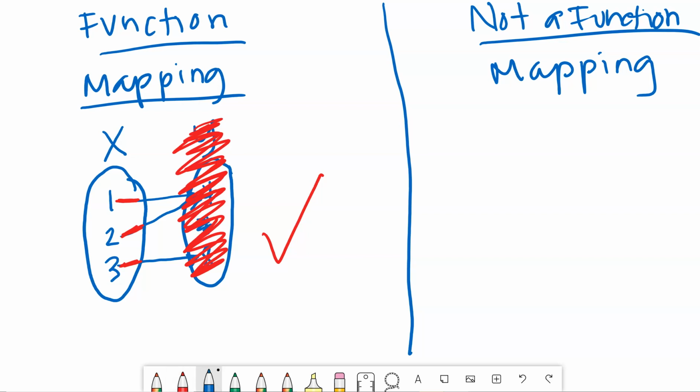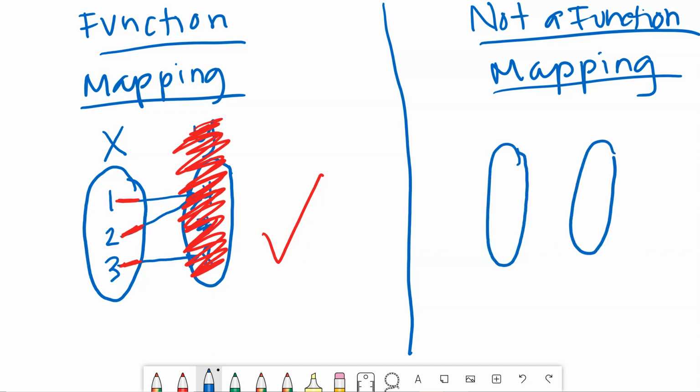All right, so now we're going to look at how a mapping is not a function. So if I have the 2 circles, again, it's like a table. We're going to have x and we're going to have y. I'm going to write 1, 2, 3, 4, 7, 8.